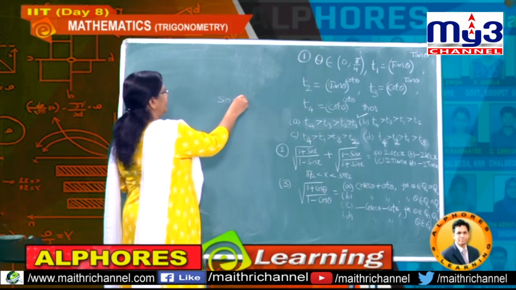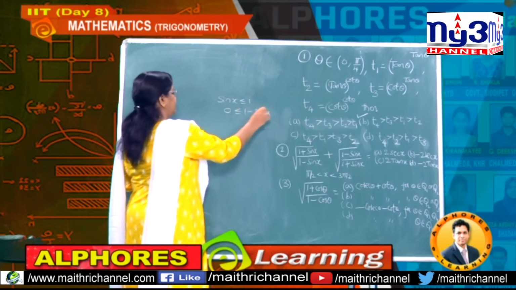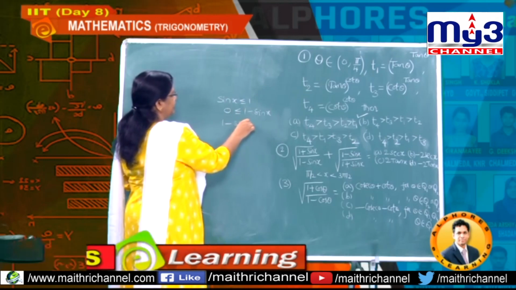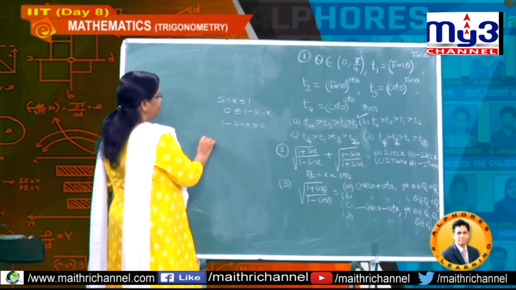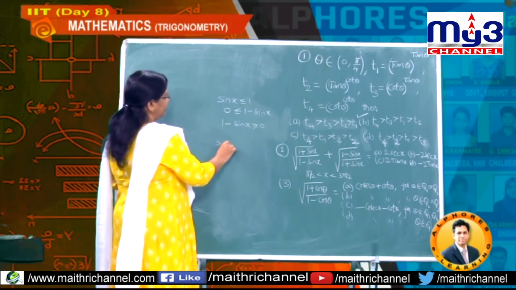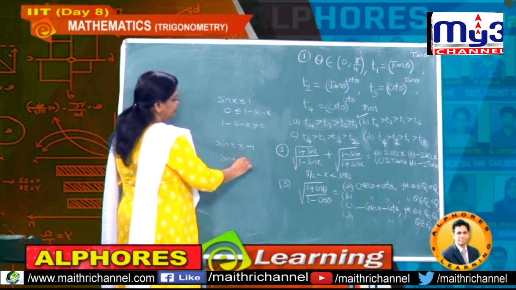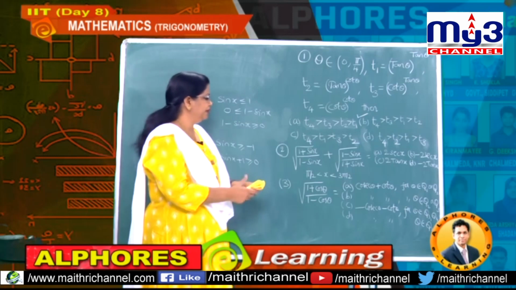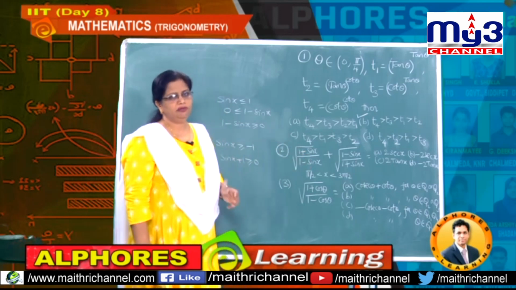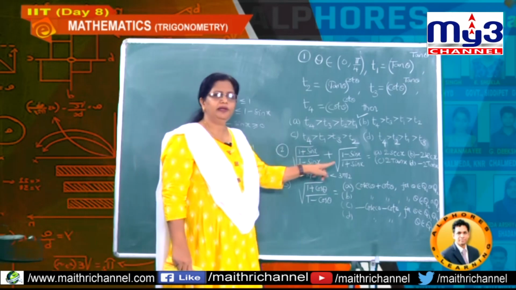Sin x is less than or equal to 1, so 0 is less than or equal to 1 minus sin x, that implies 1 minus sin x is greater than or equal to 0. At the same time sin x is greater than or equal to minus 1, implies sin x plus 1 is also always greater than or equal to 0. Therefore these values are always positive or else 0, but they are written in the denominator.